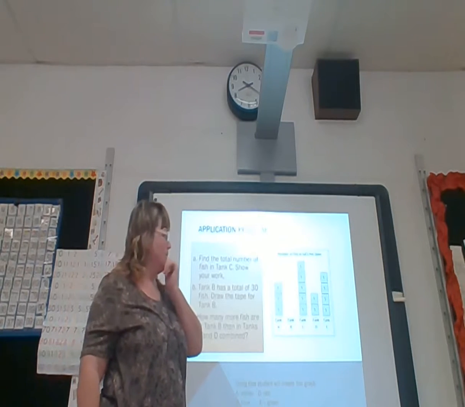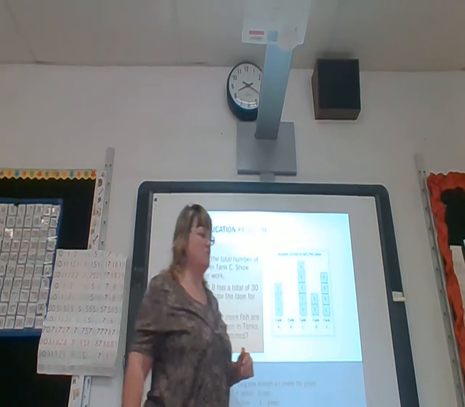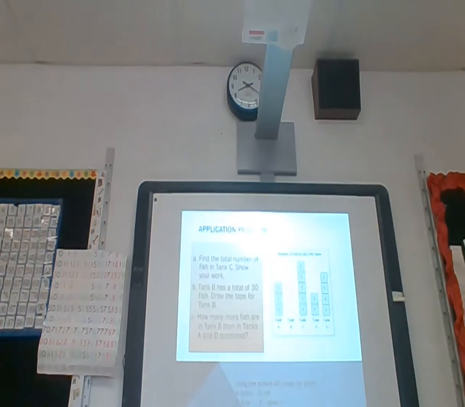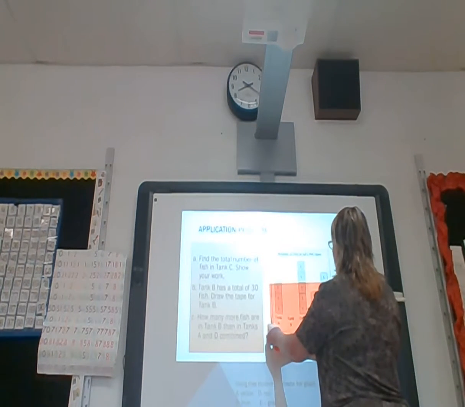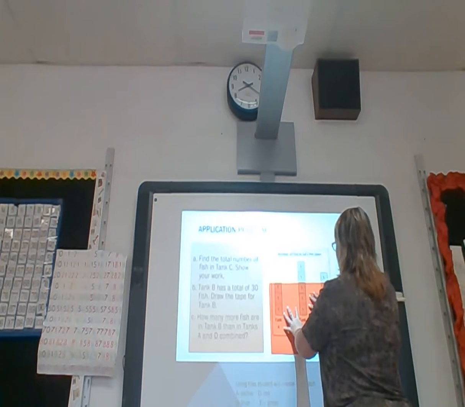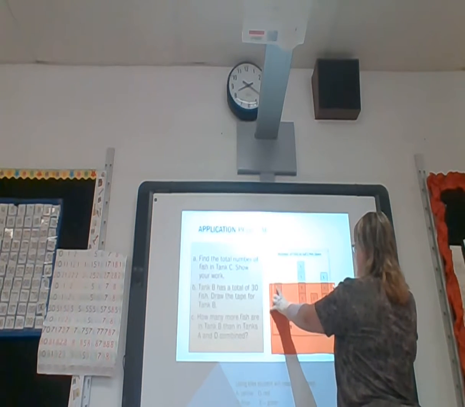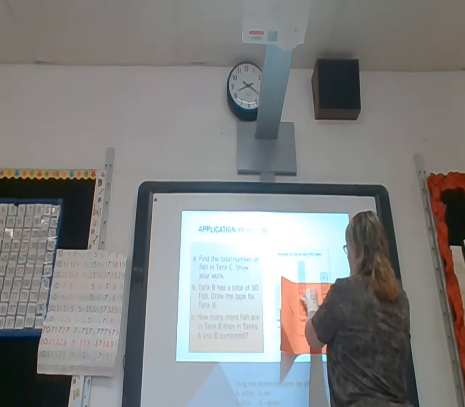Where's 15? If I use my ruler, I'm going to use my piece of paper as my ruler because it's got that straight edge right here. And I use my ruler, I could go right across here and I could see how much each of them had.